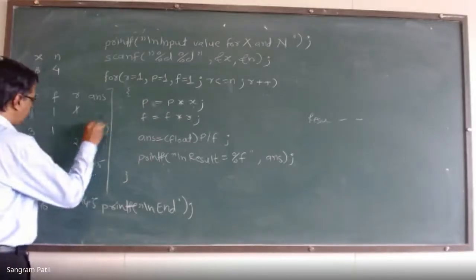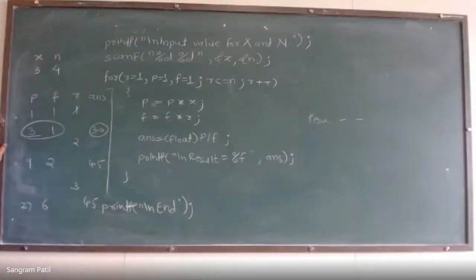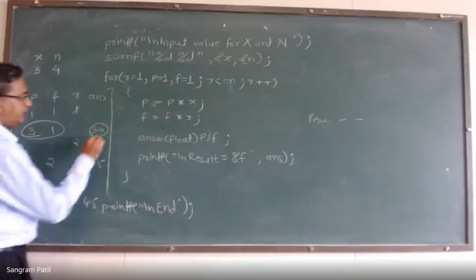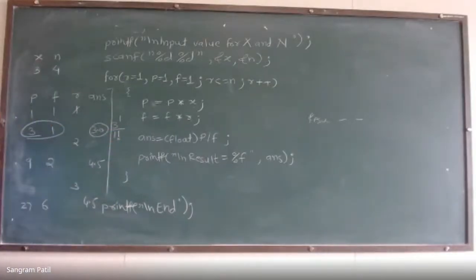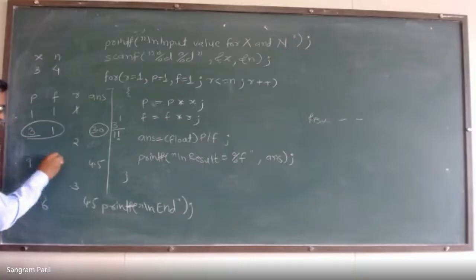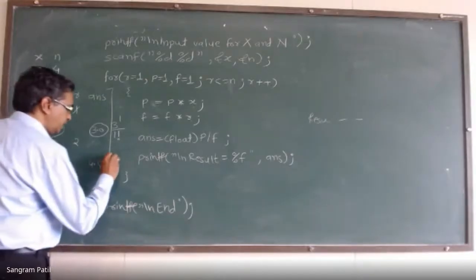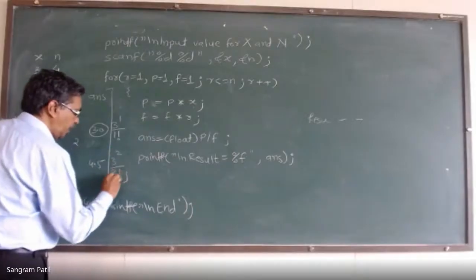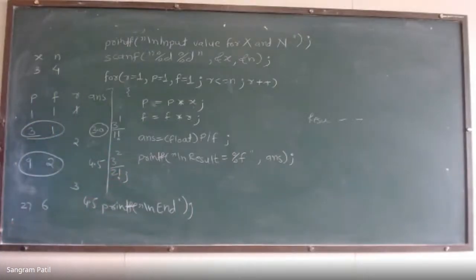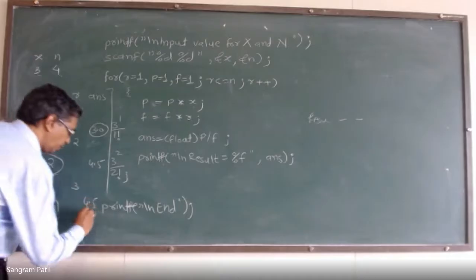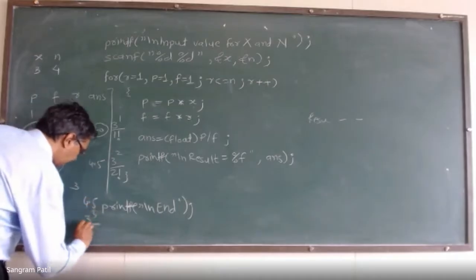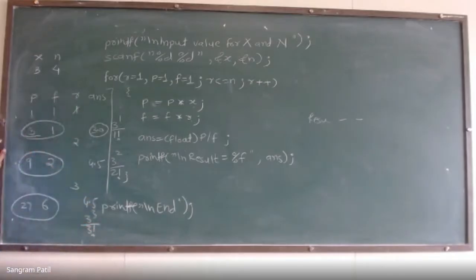Now, this is nothing but 3 divided by 1, which is nothing but 3 raised to 1 divided by 1 factorial. If you check this 4.5, this is nothing but 9 divided by 2. So this is nothing but 3 raised to 2 divided by 2 factorial. If you check this is nothing but 27 divided by 6. So this is nothing but 3 raised to 3 divided by 3 factorial.